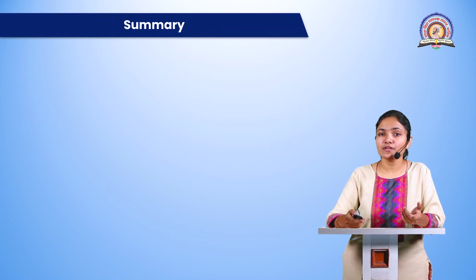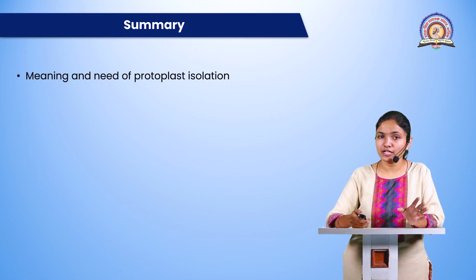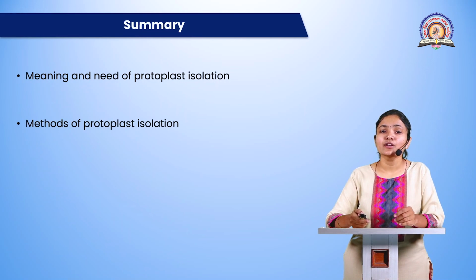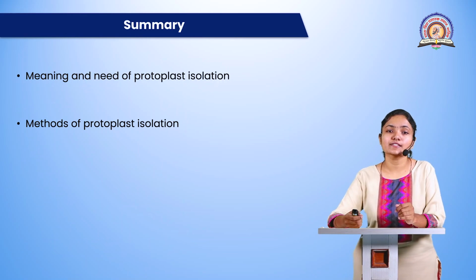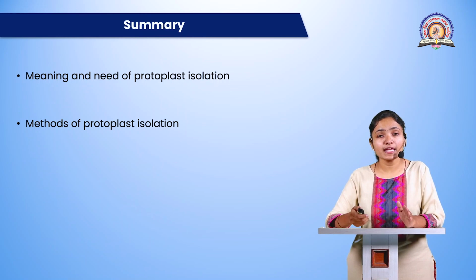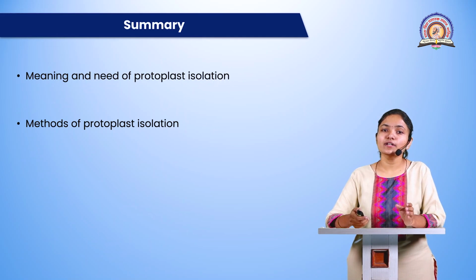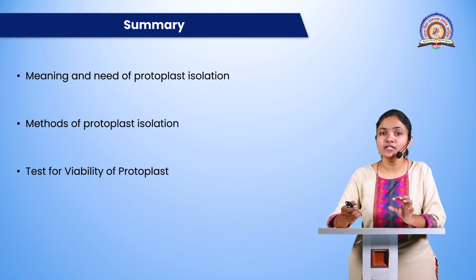Let's summarize what we have seen in today's lecture. First of all, we understood the meaning of protoplast and why there is a need to isolate it. There were applications such as genetic modification, somatic hybridization and understanding growth parameters. Later on, we saw the different methods by which I can isolate protoplast from the given tissue.